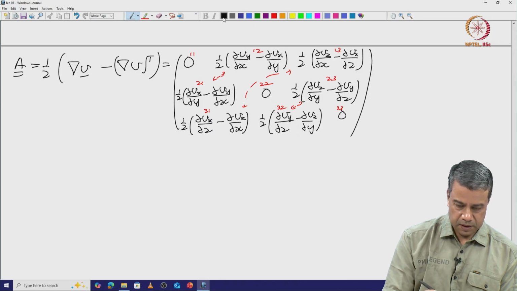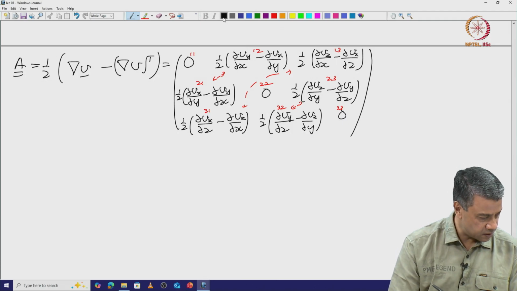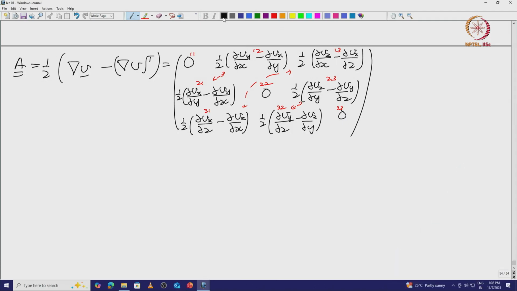Now, the symmetric tensor can be further decomposed.